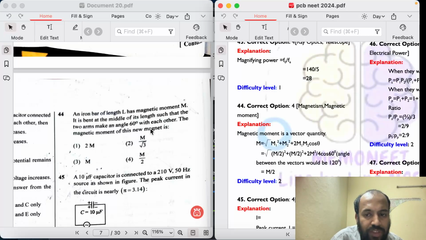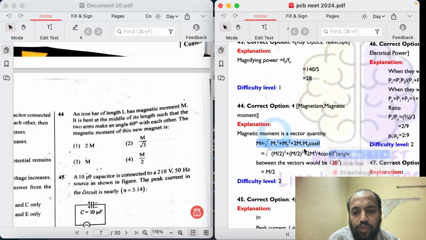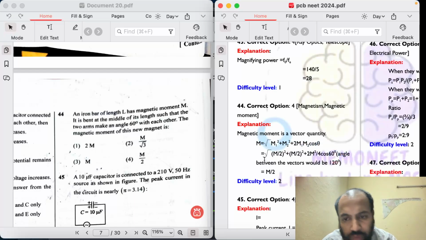60 degrees. So for this kind of calculation, we have got the direct formula from the chapter of magnetism, M is equal to root over M1 square plus M2 square plus 2 M1 M2 cos of theta. So that means this would be equal to root of, you can take M1, it will become M by 2. As I said, the magnetic moment is also half.